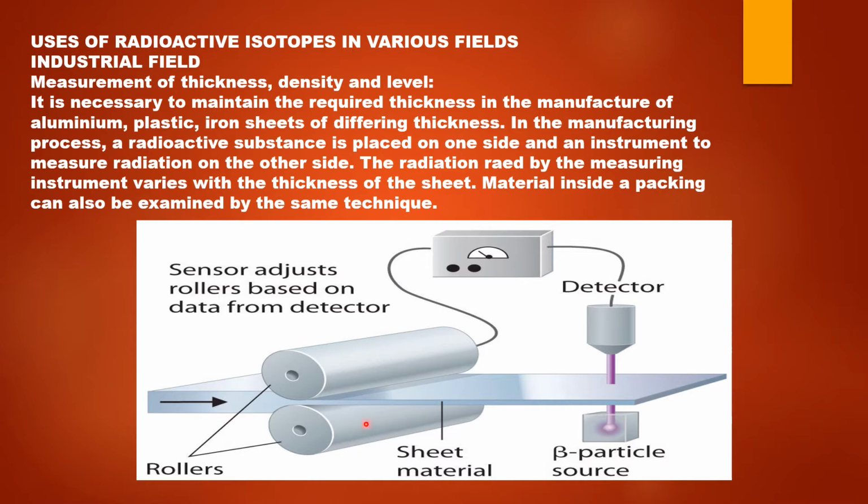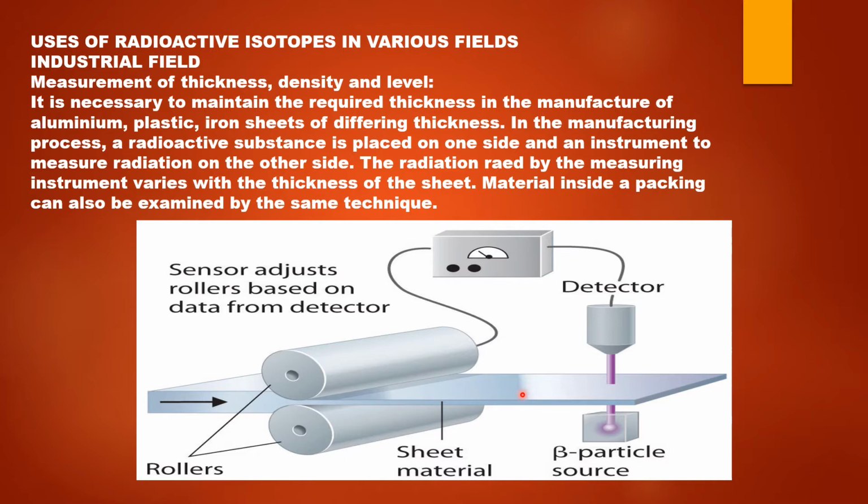Suppose an aluminium foil has to be made. If the foil is too thick, then this foil absorbs more beta particles. And when the foil absorbs more beta particles, the detector receives less beta particles and then sends a signal to the rollers so that the rollers increase the force on the foil to make the foil thinner.